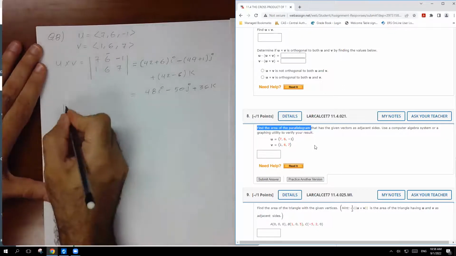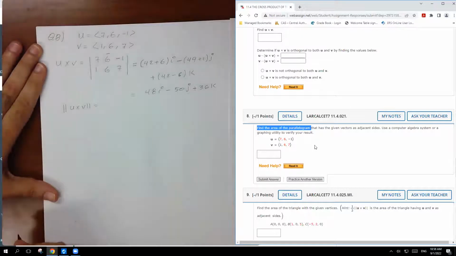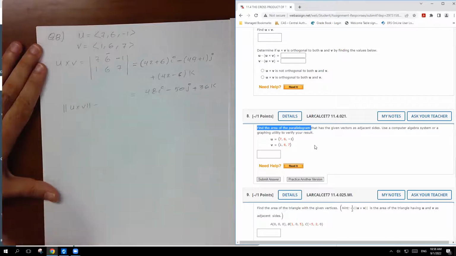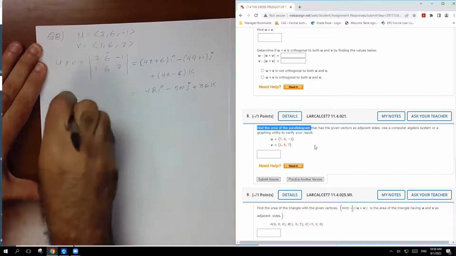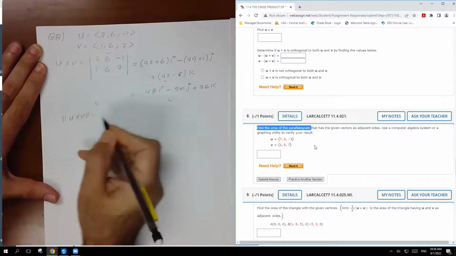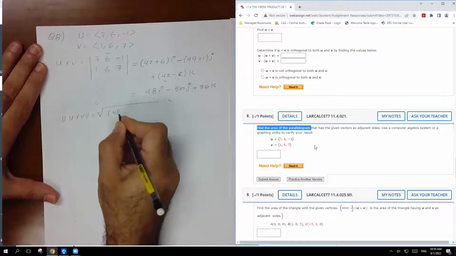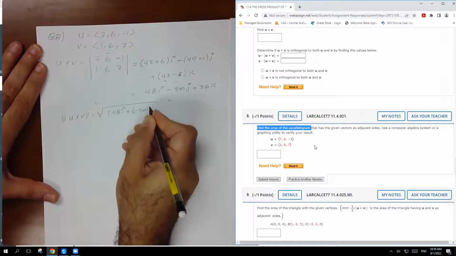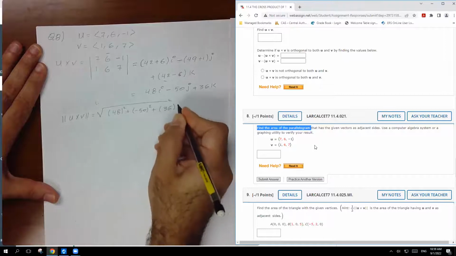Now let's find the length of U cross V. It's supposed to be the area. How are we going to find the length? Square root of the first component squared plus the second component squared plus the third component squared.